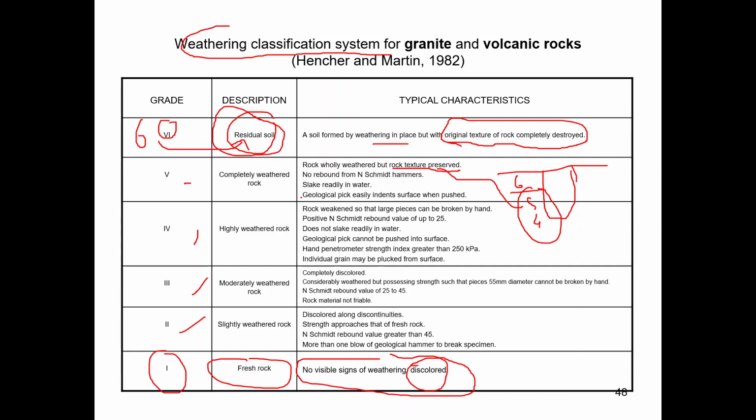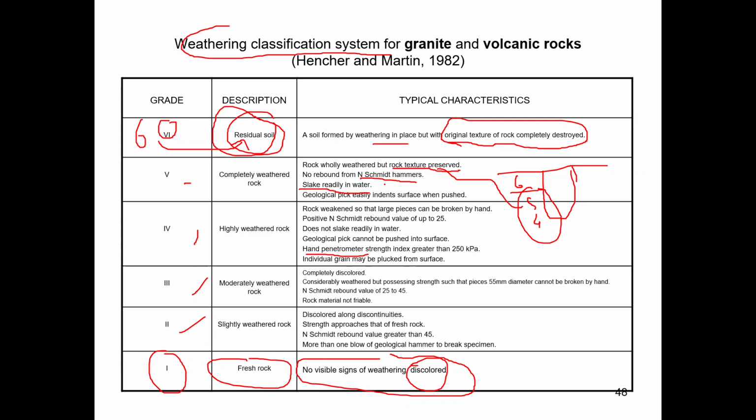To understand this, we have a few types of testing. We use a rebound hammer, the Smith hammer. Sometimes we use the slake test, and sometimes you can use the hand penetrometer. Okay, what is that? I can show you the pictures.